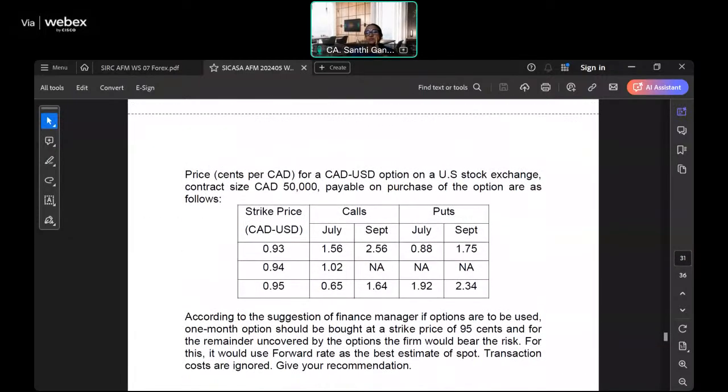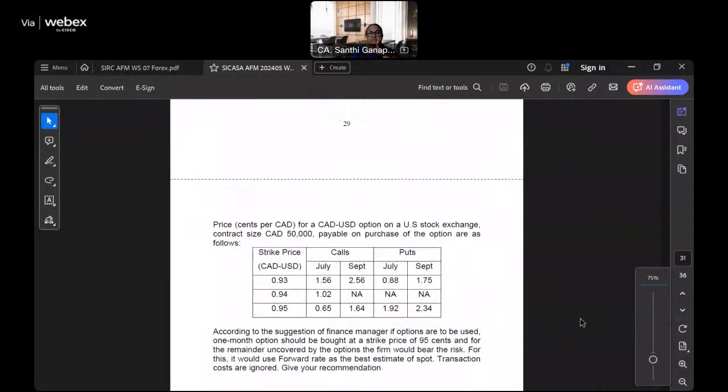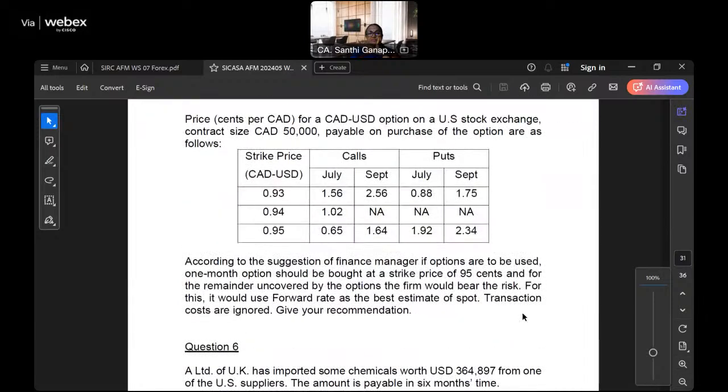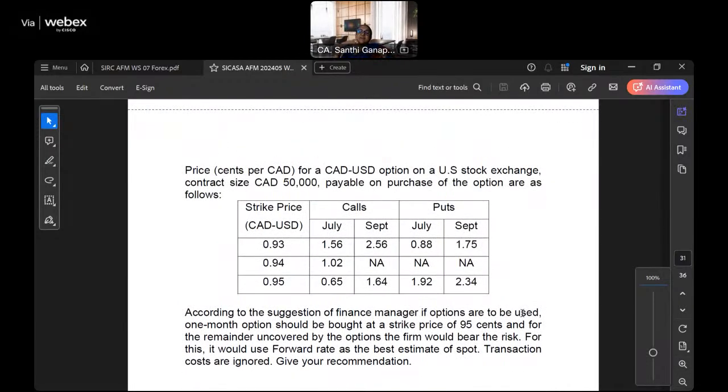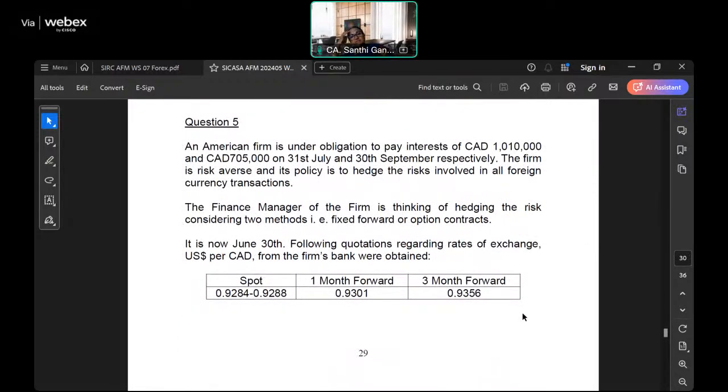Let us see what this problem is about. Give your recommendation. An American firm is under an obligation to pay interest of Canadian dollar 10 lakh 10,000 and 7 lakh 5,000 on 31st July and 30th September respectively.